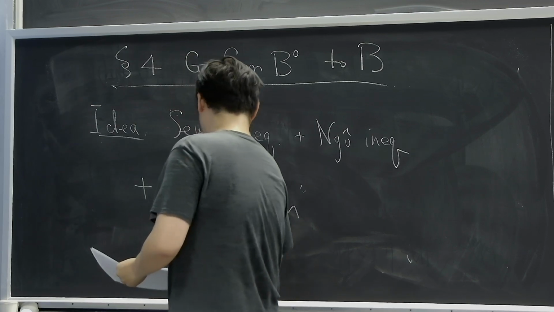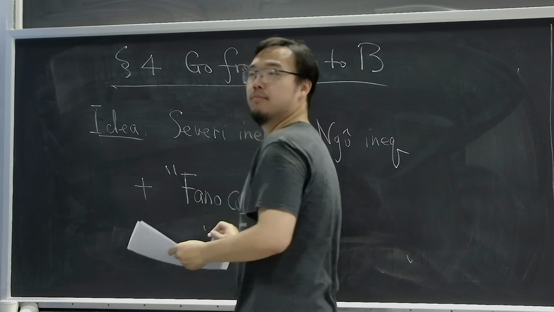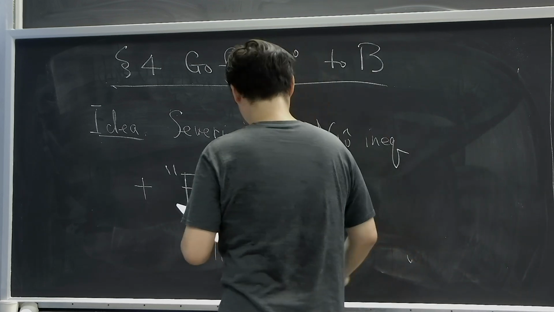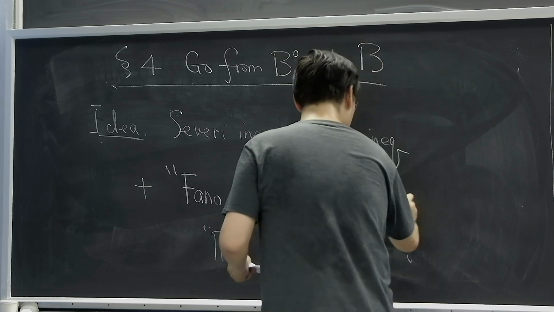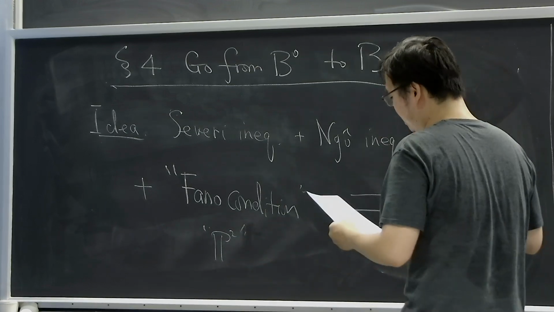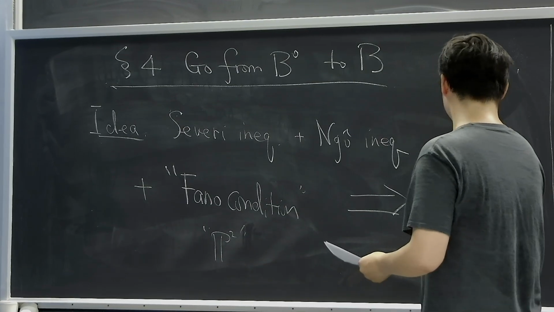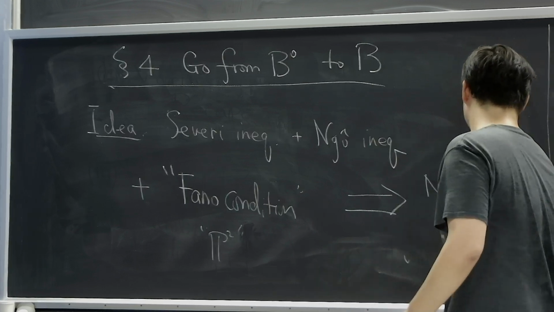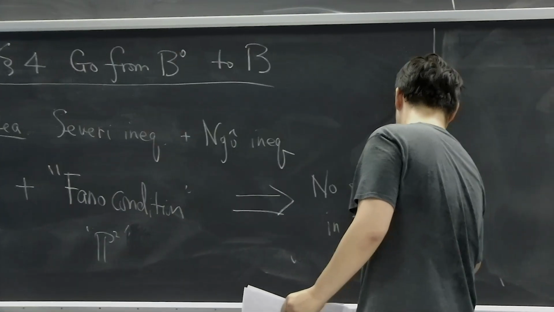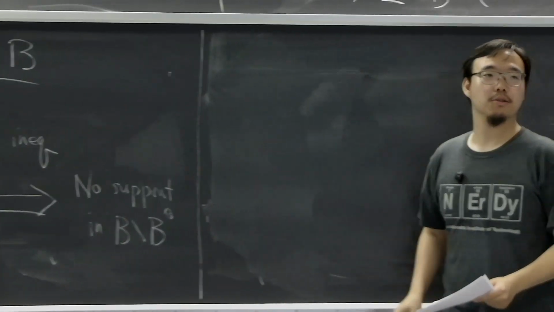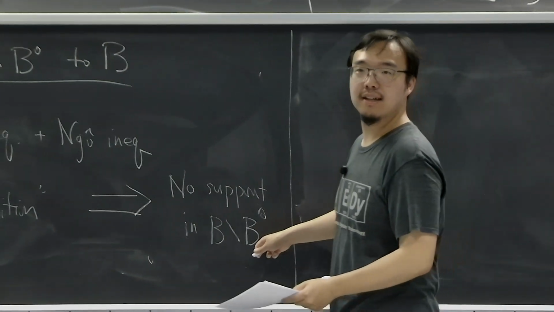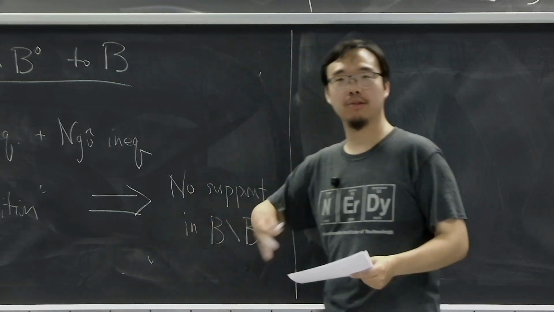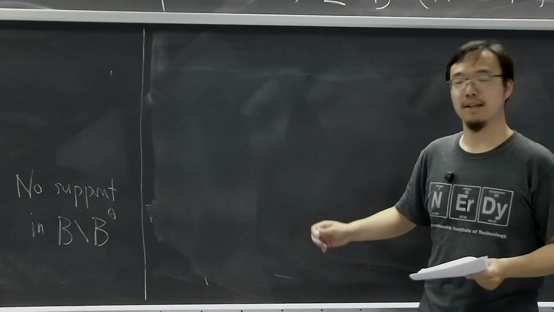Of course, the Fano condition says that we're considering P2, but you will see where the Fano condition comes from. So combining these three ingredients, we can further squeeze the support and show that there's no support in the complement of B circle. So first, treating over B circle, nothing surprising happened, but then we try to rule out the possibility of extra supports beyond it.